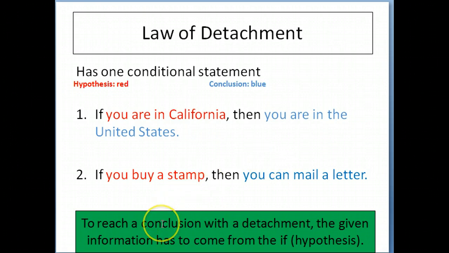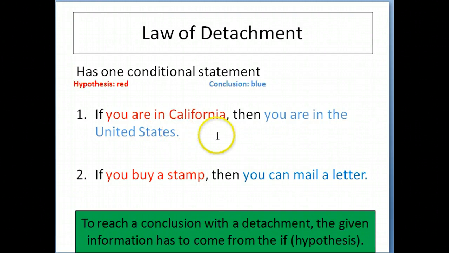Now, to reach a conclusion with the law of detachment, the given information has to come from the if part. So in order to reach a conclusion with either of these rules, any information they give us would have to come from the if part. So to reach a conclusion with number one, they would have to say something about someone being in California, and then our conclusion would be they're in the United States.